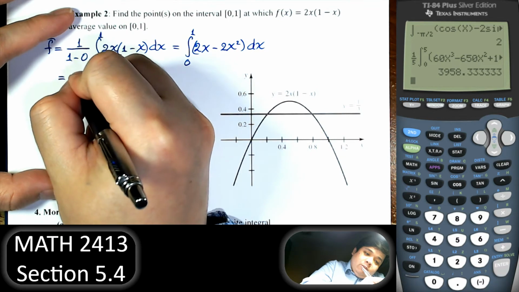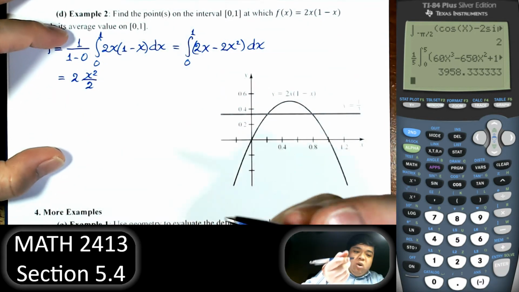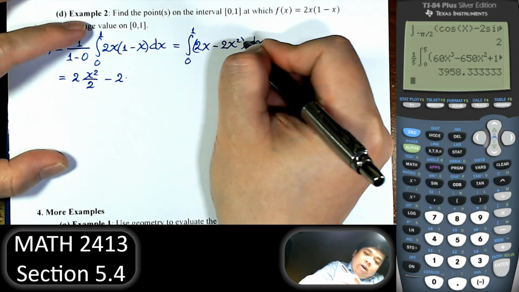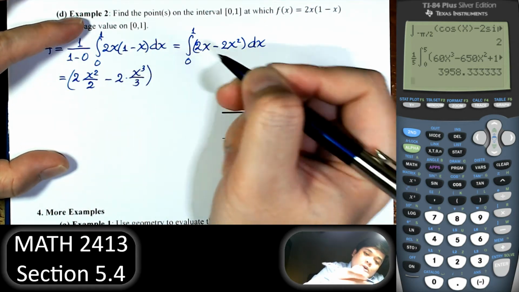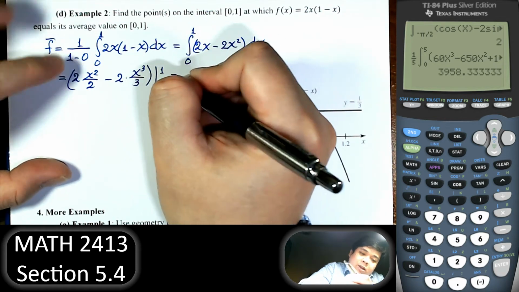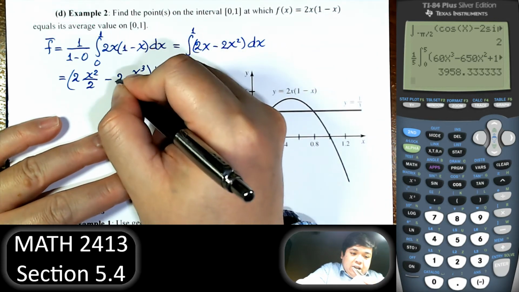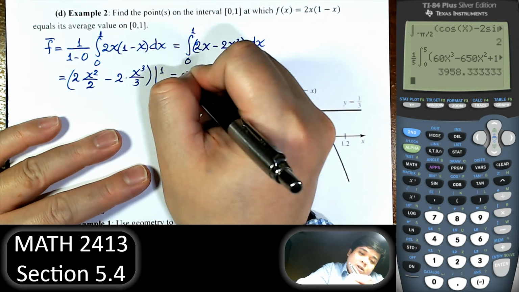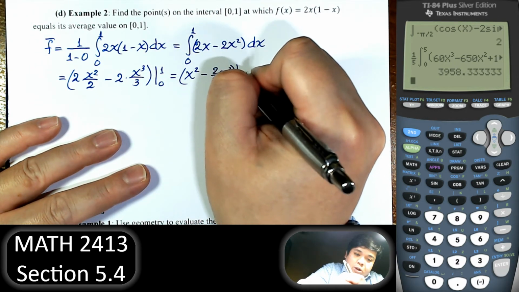The integral of 2x is x squared. The integral of 2x squared is 2x cubed over 3, so that is 2/3 of x cubed, from 0 to 1.